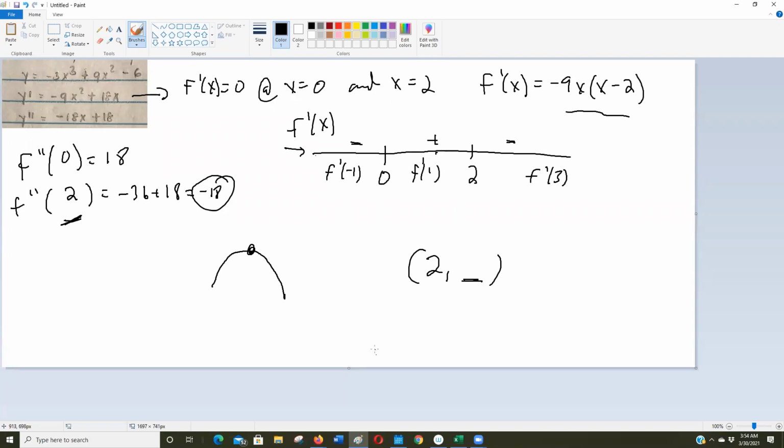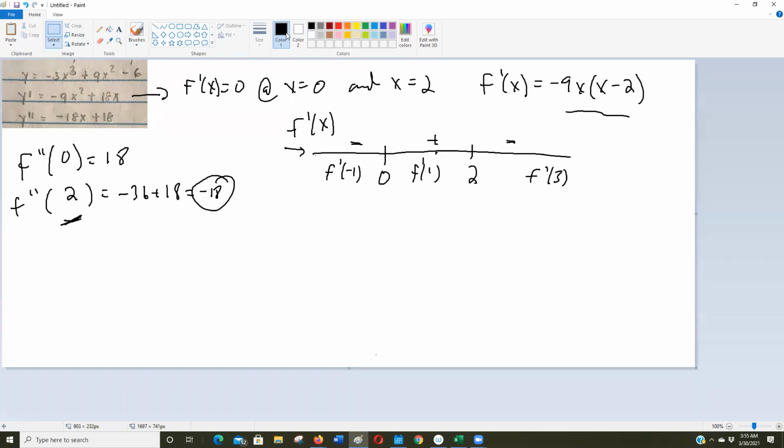Now, the other thing that a couple of people have posted that they're having trouble with is inflection points. Just because the second derivative is equal to 0 doesn't mean there's an inflection point. You've got to test and see if there's a concavity change either side of that point.